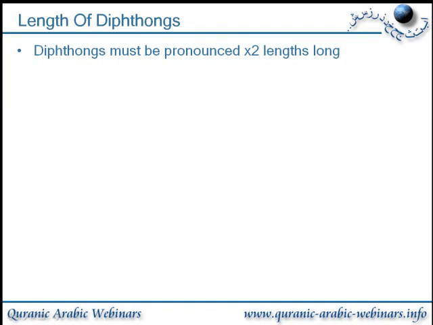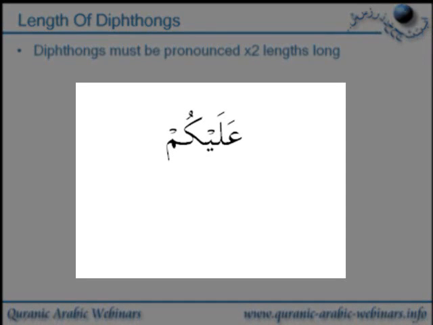Now, in terms of the lengths of pronunciation, remember we've covered in previous lessons the importance of getting your lengths correct. The diphthongs are pronounced with 2 lengths, i.e. relative to the speed you recite at. So an example of this, here we have the word alaykum. Okay, so we've got to be careful here.